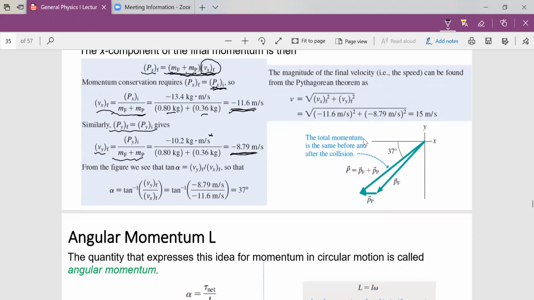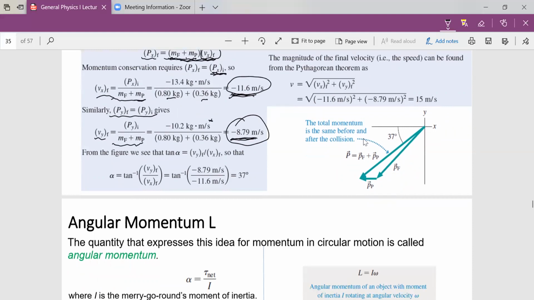Since we have the components for x and y, we can get the direction for the second one, which we represented with alpha, that is the new angle, to be tan inverse of y over x. Taking off the minus, we have 37.